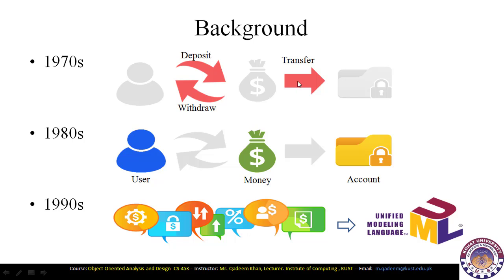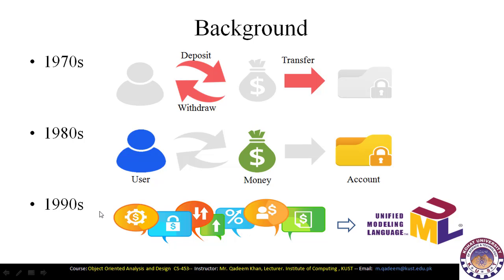Before the 1980s, they were using certain systems or lockers, etc., to keep their money safe, while in the 1980s, the money was kept in different bank accounts. So that's why the user was involved in withdrawing or depositing money using different accounts.